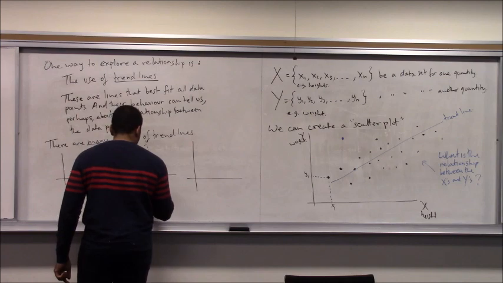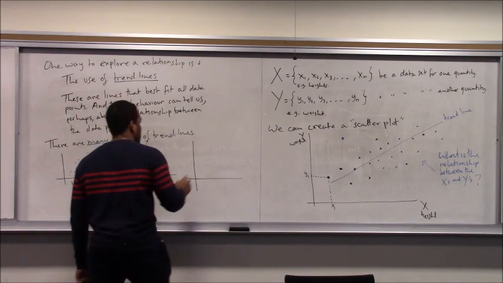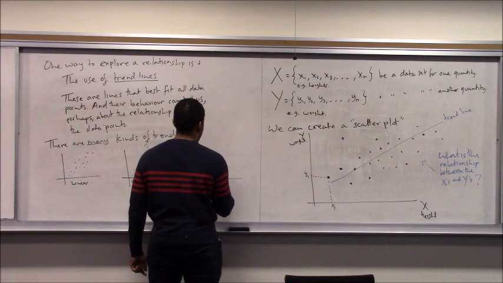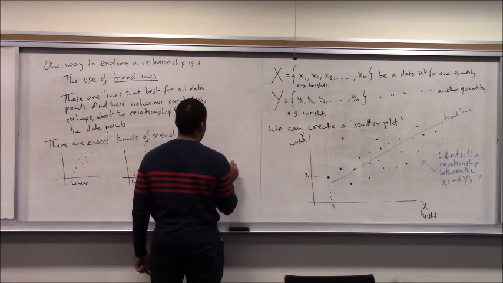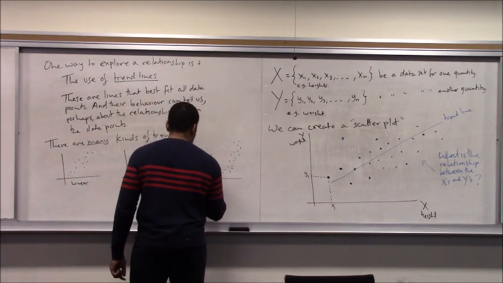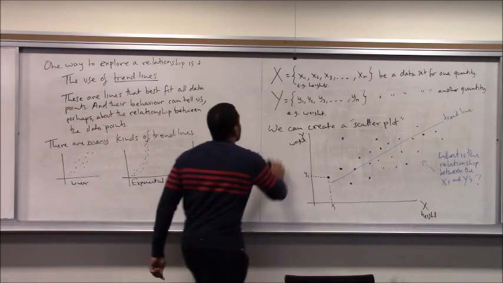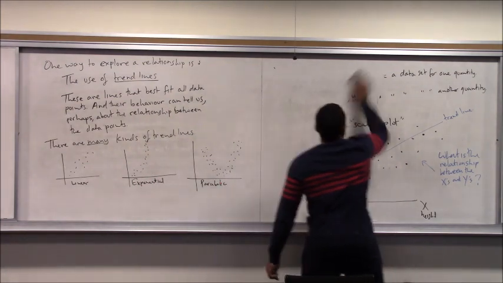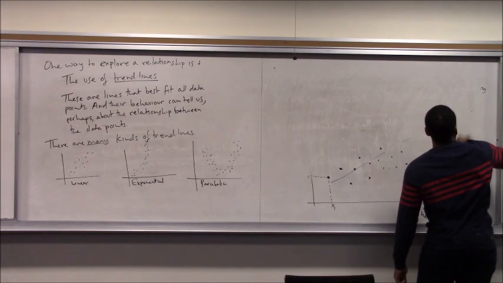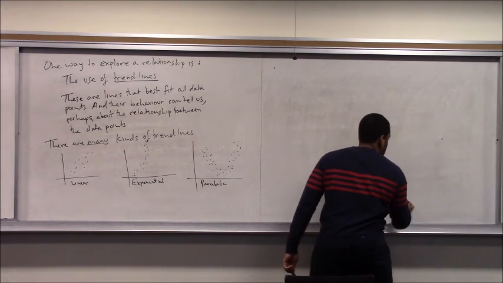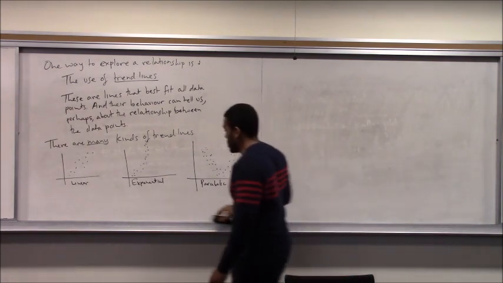I'll draw in the line that way so you can see the shapes that I'm talking about. You can have ones that are behaving like this. It's parabolic. You can have many different kinds of relationships, and each relationship will tell you something different.